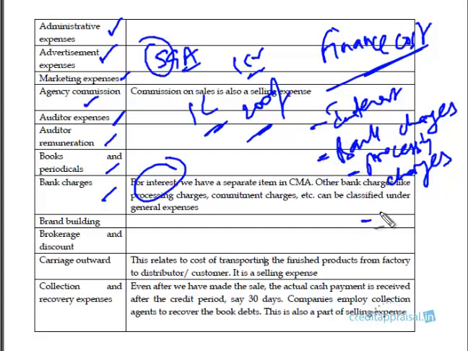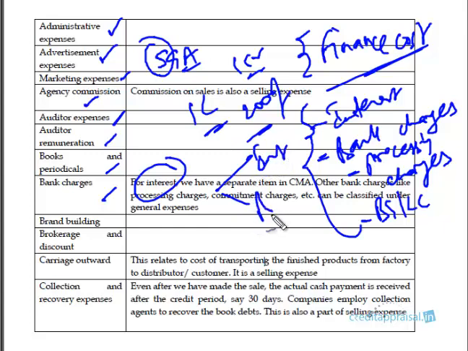So other charges can be BGLC commission. These are not interest, but these are bank charges. So in the P&L, when you have an item called finance cost, you cannot straight away put it under interest because it comprises both interest and bank charges. So the individual breakup will be given in a separate schedule. So you need to go to the schedule and see what is the interest component and what is the bank charges. So interest will go under a separate head.